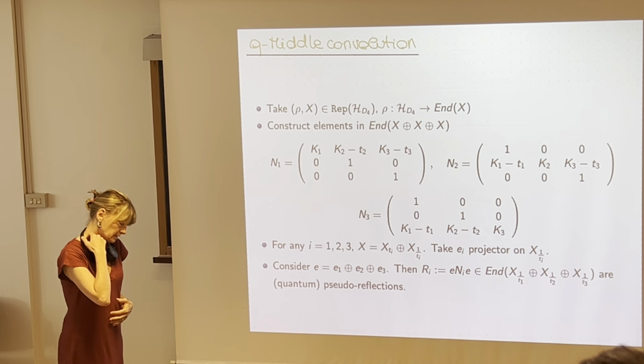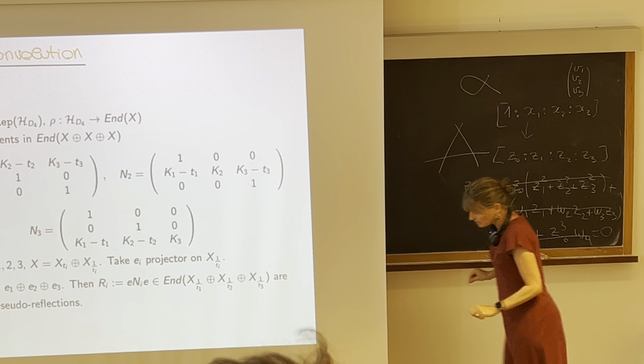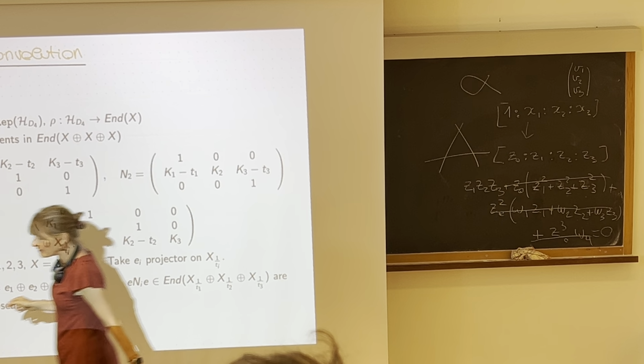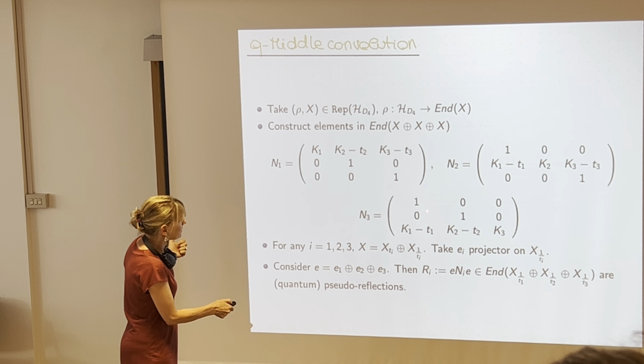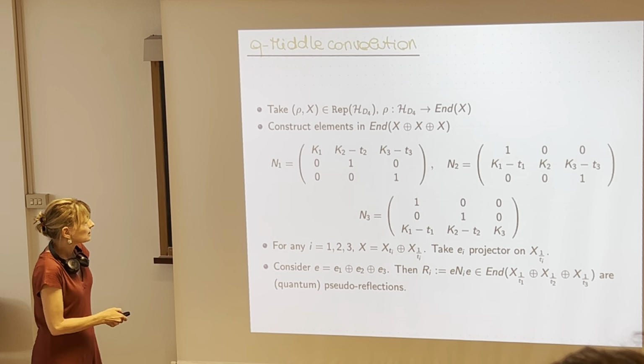Okay, so let me try to say, this is 6 by 6, and I want to project them on the space in which I have, say, V1, V2, V3. And V1 will be an eigenvector of K1, V2 will be an eigenvector of K2, and V3 an eigenvector of K3, in which the eigenvalue is equal to 1.